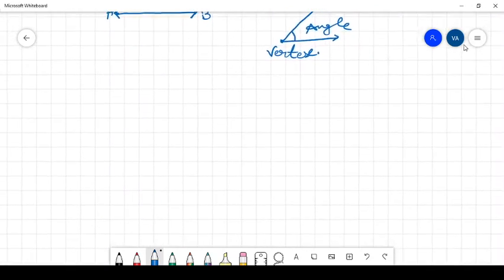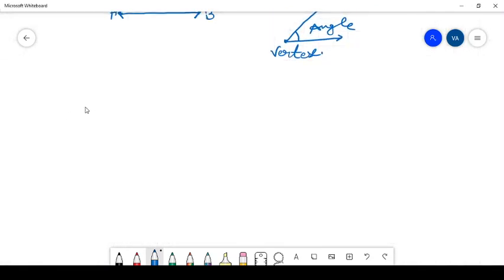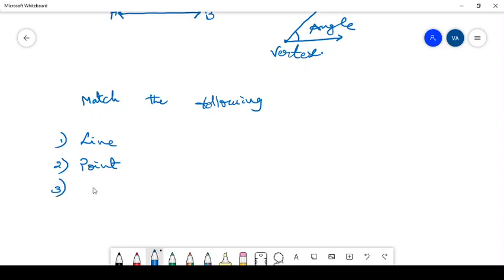Next, you can do this. Match the following. Write down. First one is line, next point, next line segment, next ray.